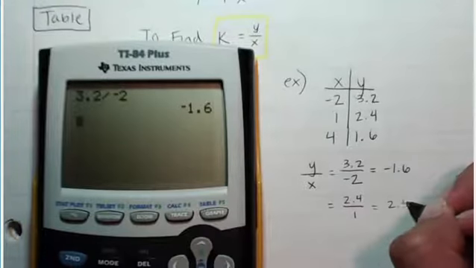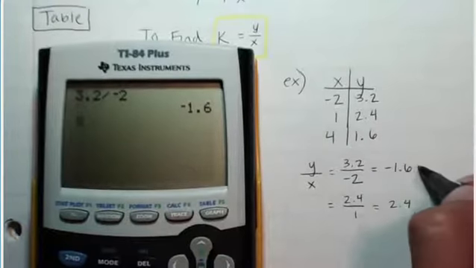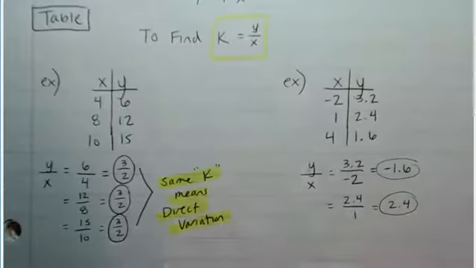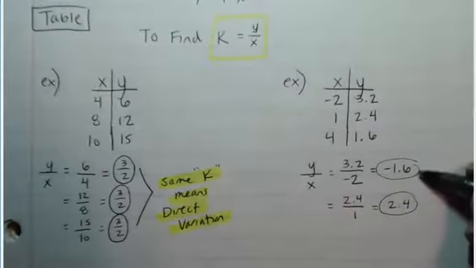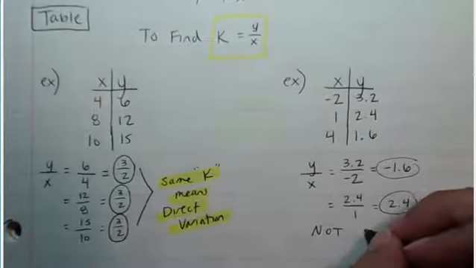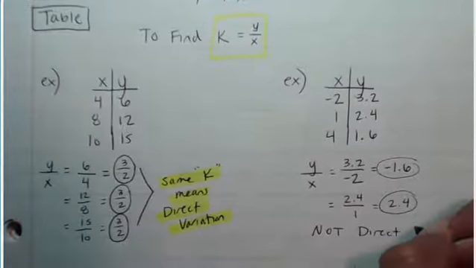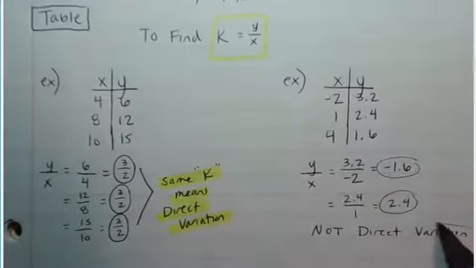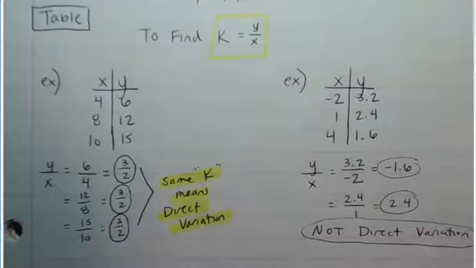Well, that's easy. That's 2.4. So I don't even have to check that last point, 1.6 over 4, because the constant's not the same. So this would be an example of a table that's not a direct variation. Okay, they have to have the same constant rate of change, and they have to have 0, 0.